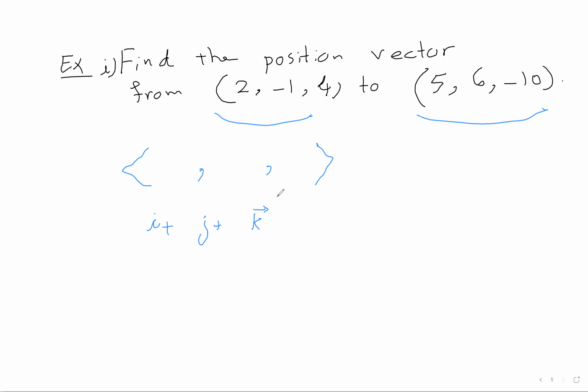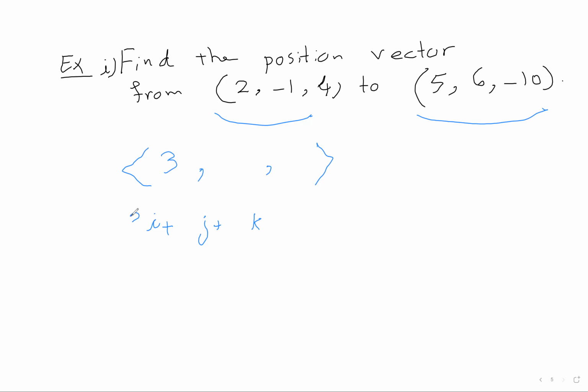I will show in both notations, but in a problem, in homework assignments or anything like that, pay attention to which kind of form you need to show your solution. So in any case, the first coordinate is the first coordinate of the terminal point minus the first coordinate of the initial point. 5 minus 2, which gives me 3 here.